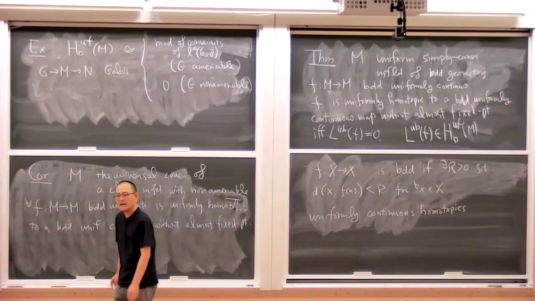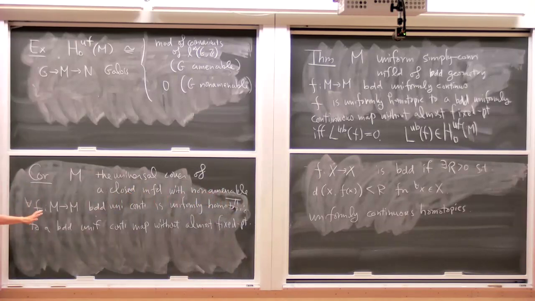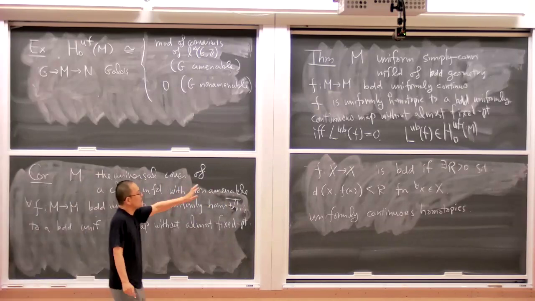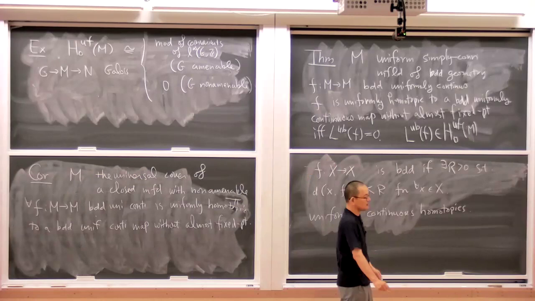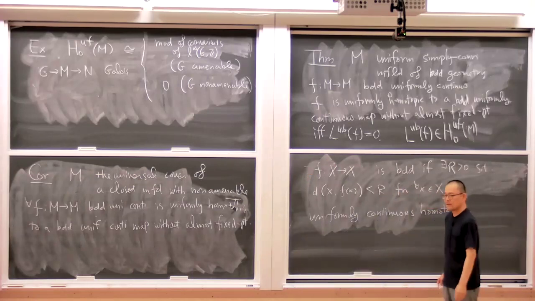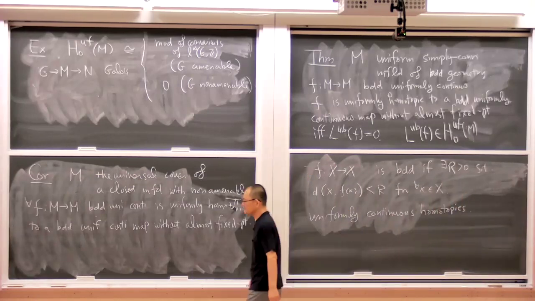If G is amenable, we can't say this, of course, because this uniform bounded Lefschetz class can be non-zero.